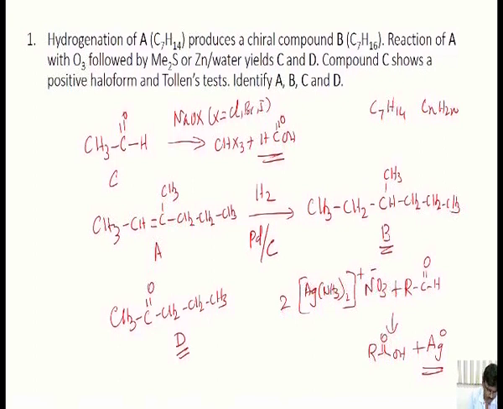functional group. So in this reaction, the alkene, when we do the hydrogenation, gives compound B. As you can see here, it is a chiral compound. The carbon is bonded with 4 different groups. Ozonolysis we have already discussed: the alkene undergoes 1,3 cycloaddition reaction to give the cyclic intermediate, which rearranges to ozonide.